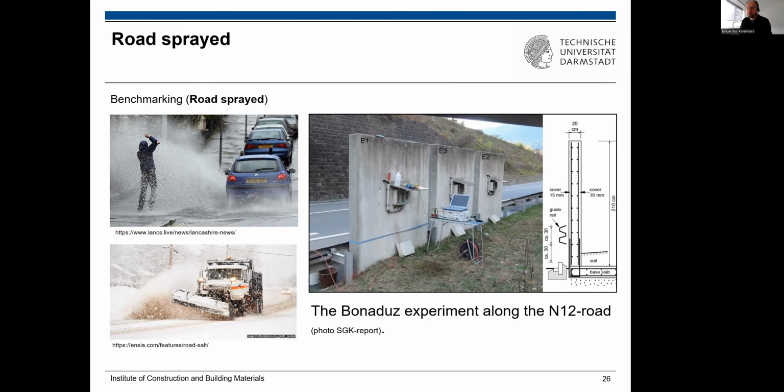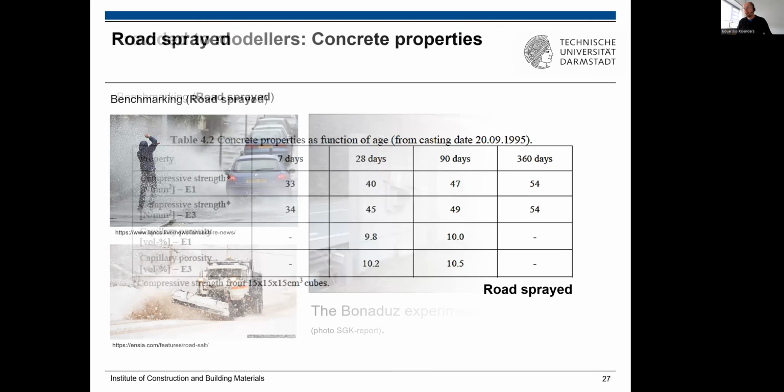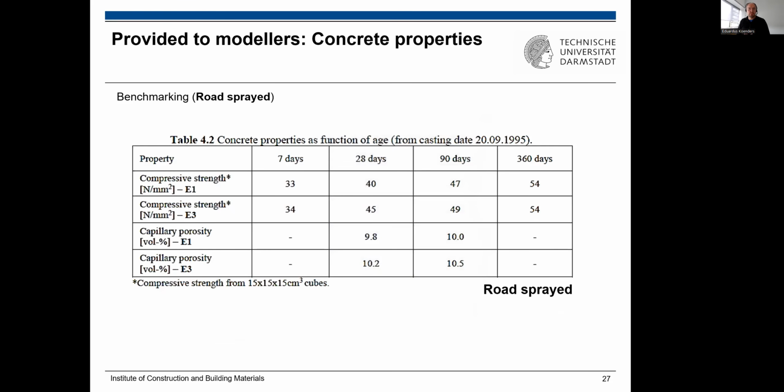So this is more a conceptual approach, because it's very difficult to predict the chloride ingress in the future, because you don't know the weather, right? So everything is weather dependent. We cannot predict the weather for 1 week, and certainly not for 100 years. But we tried and saw what the results were.